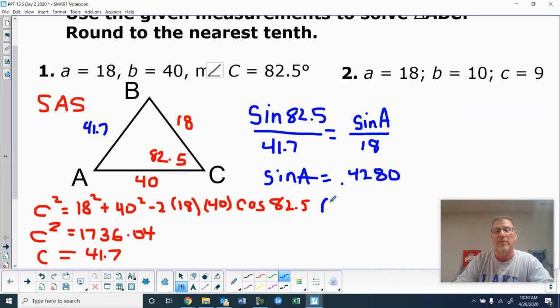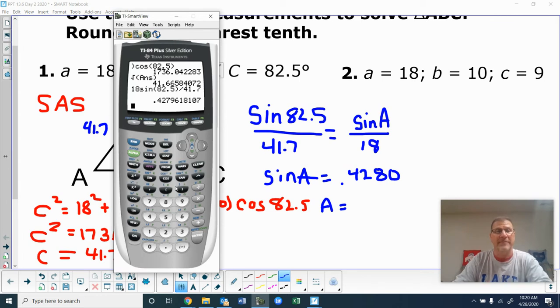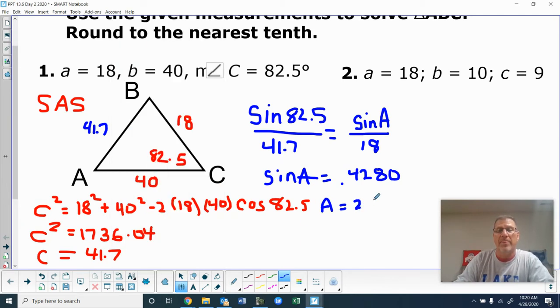So then remember, I have to find angle A, I have to do inverse sine, okay? So I go second sine, second answer. That could be a spot where some of you are making a mistake. And that gives me 25.3 for angle A. All right, so that would go there.